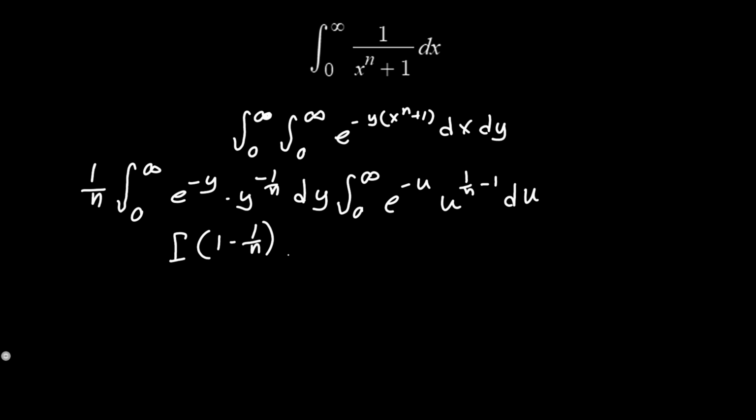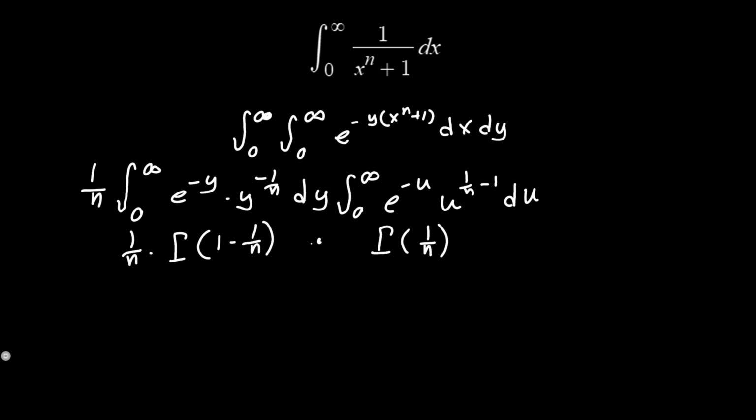And the second one will be the gamma of, since it is 1 over n minus 1, it would just be 1 over n. Okay? And it's also multiplied by 1 over n, so let's not forget that.